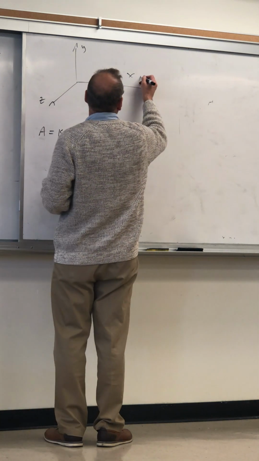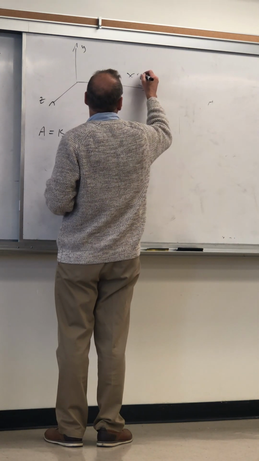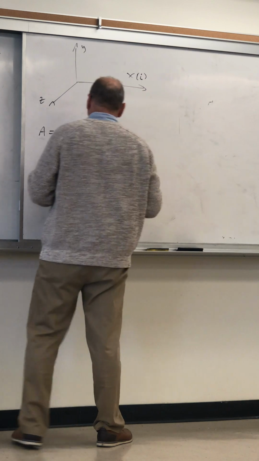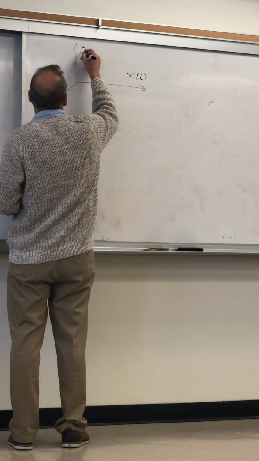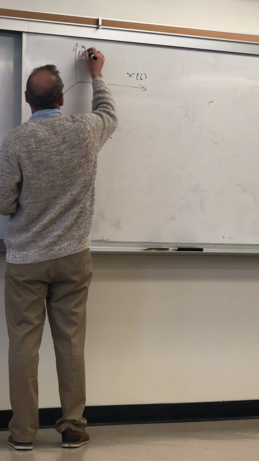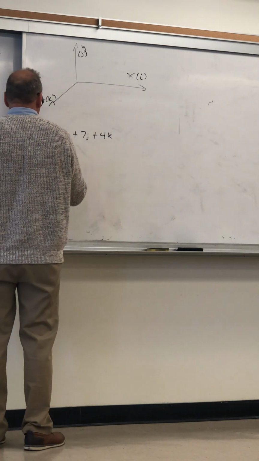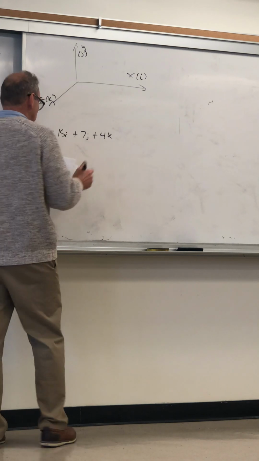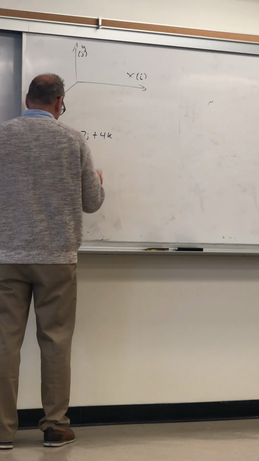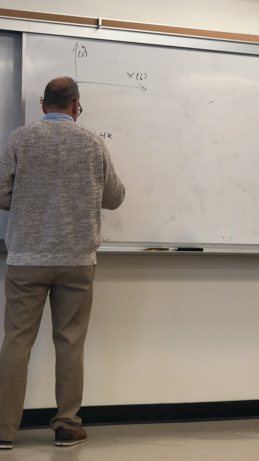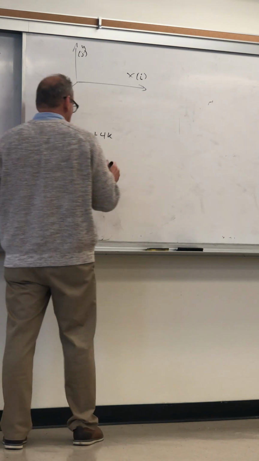This X is our I direction. The Y is the J. And the Z is the K. And we have another vector B, which is 5I plus 9J plus 2K.